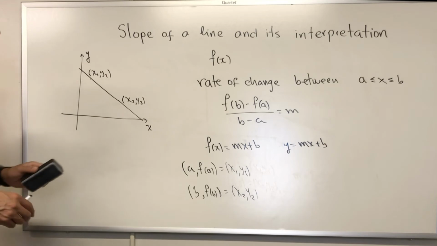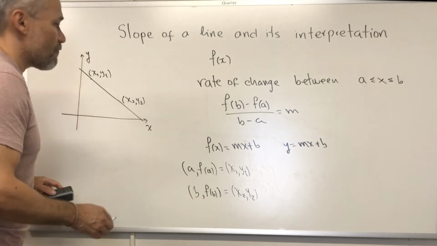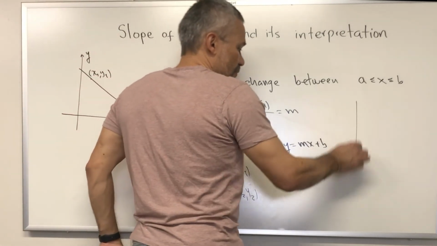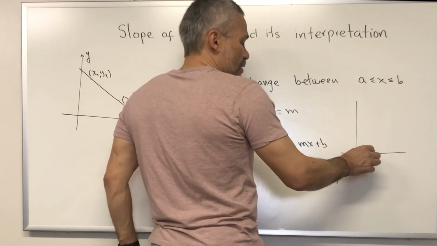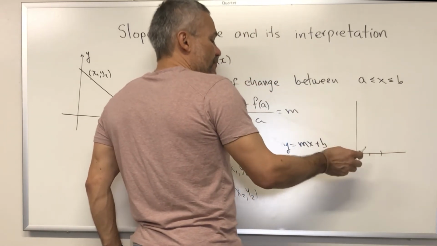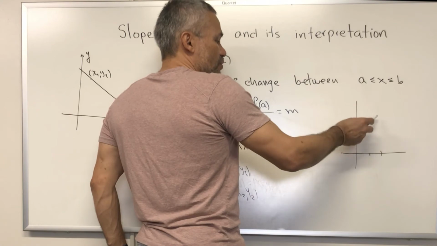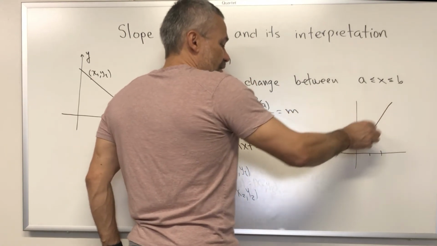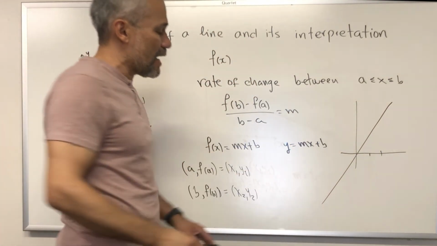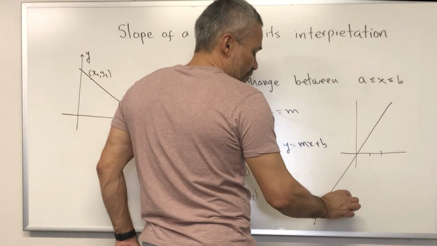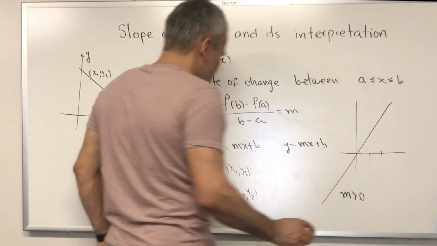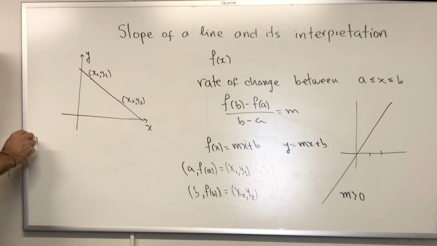And we know that a function is increasing anytime that if we increase the x, the value of y increases. Then an increasing function has a slope bigger than 0. Let me write that down.